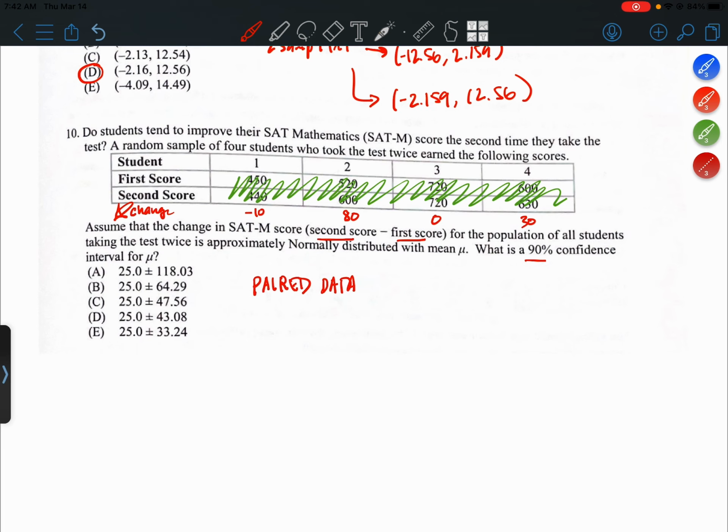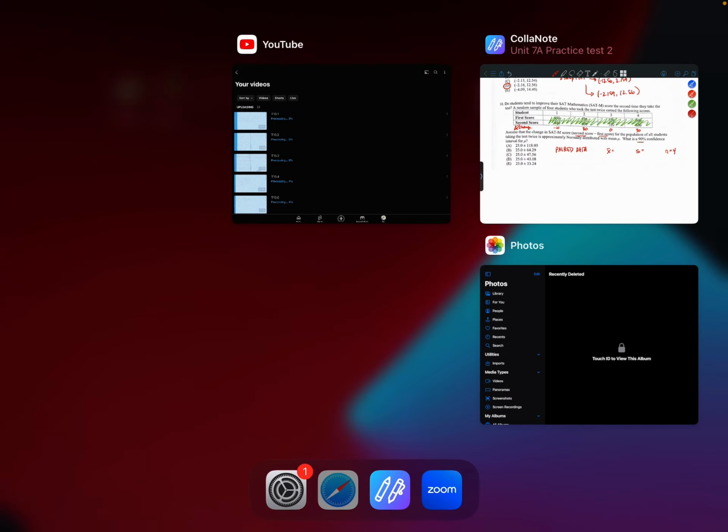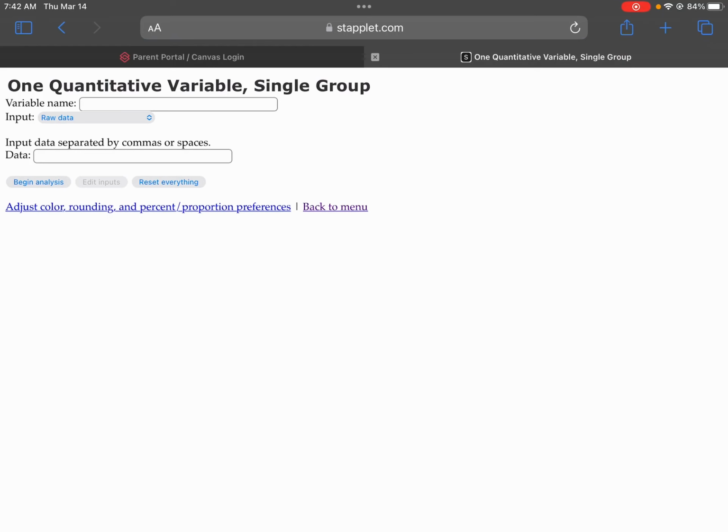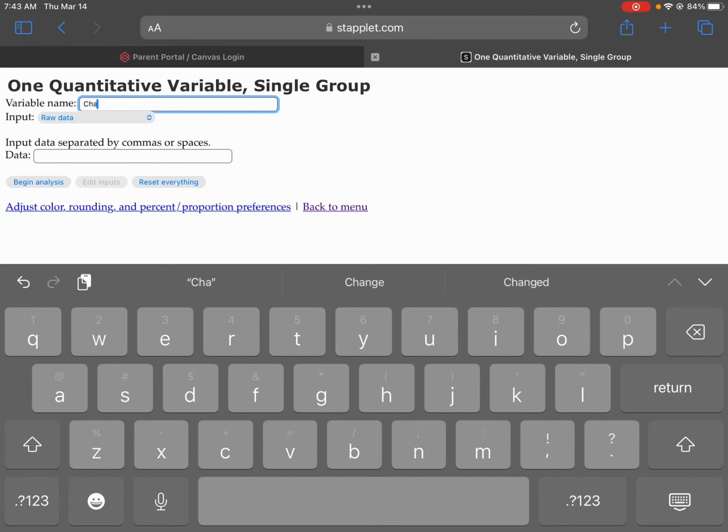To construct this interval, I need to know the sample mean or statistic, the sample standard deviation, and the sample size that I already know is 4. So to find the mean and the SD, I'm going to plug these numbers into Statkey. Hopefully I have it here already. No, it looks like it got deleted. So this is the change in SAT math score.